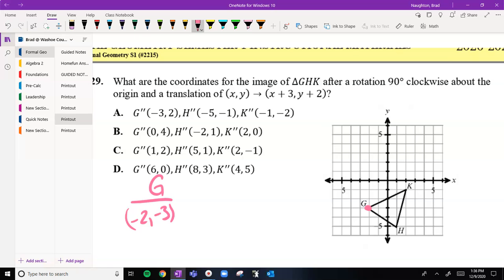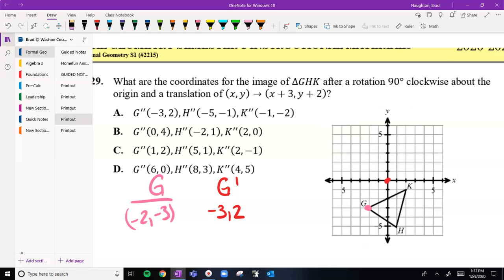The first thing I'm going to do is a 90 degree rotation around the origin. So for the first time, we're actually going around the origin, so that makes our life easier. When we are in this quadrant to go 90 degrees clockwise, we're going to go up into here. So I switch my X and Y to make it 3, 2, and then I say my X has to be negative because of the quadrant I'm in. So this is G prime after one movement.